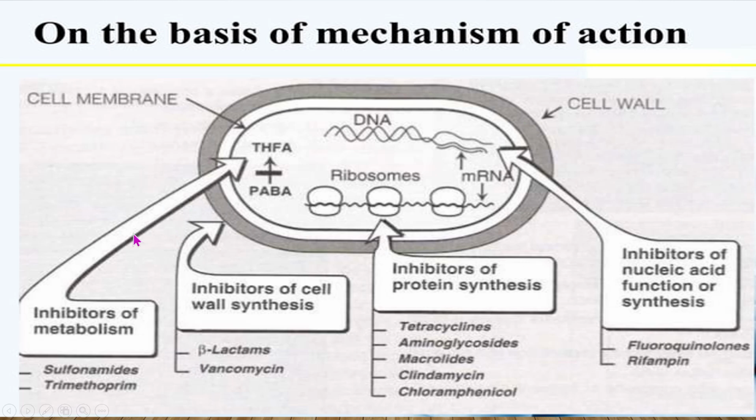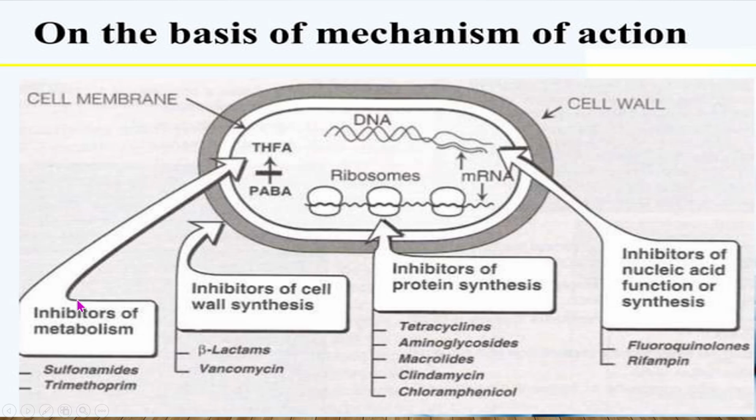The first category of compounds are the inhibitors of metabolism. Now we all know bacteria use a chemical agent, para-aminobenzoic acid, to synthesize their required product, tetrahydrofolic acid, due to which they survive.